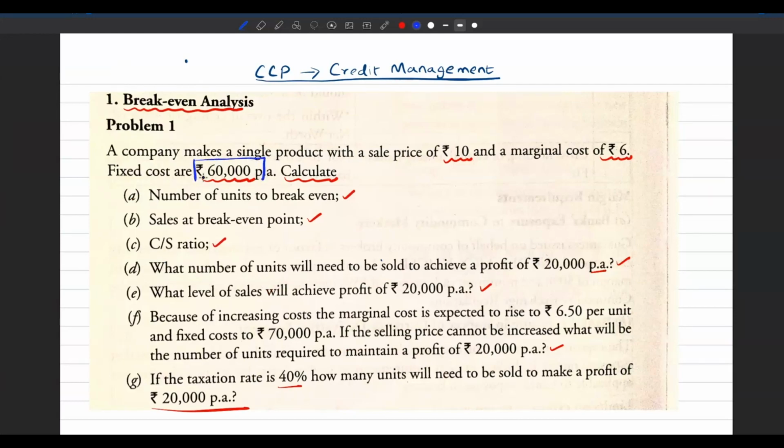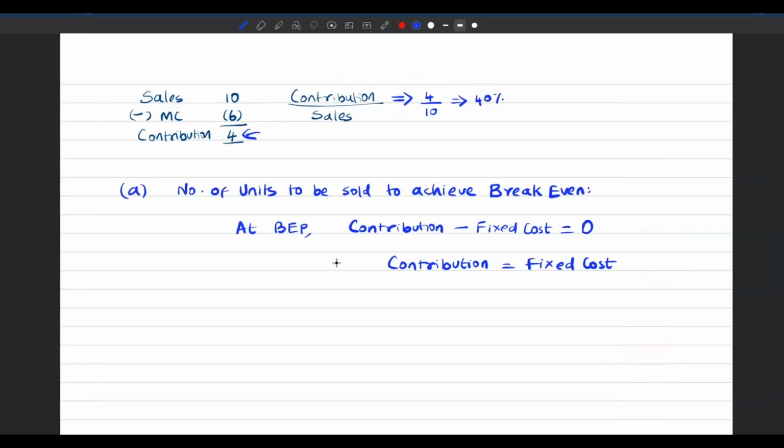Okay. Now let's make use of this relationship. At break-even point, we know contribution is equal to fixed cost, and fixed cost is equal to 60,000, and obviously that is going to be equal to what? Contribution. And how this contribution is arrived? It is arrived as sales minus marginal cost. So now we have this critical information, contribution is equal to 60,000.